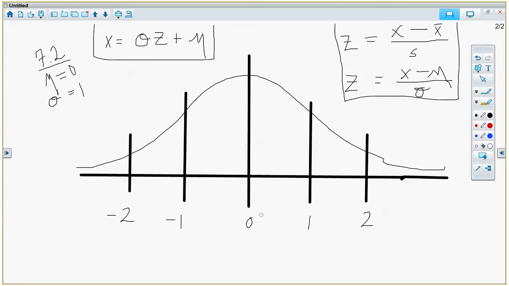Now, all of this is based on percentages. We'll write it down here at the bottom. Everything in this section is area. Another word for area is percentage.